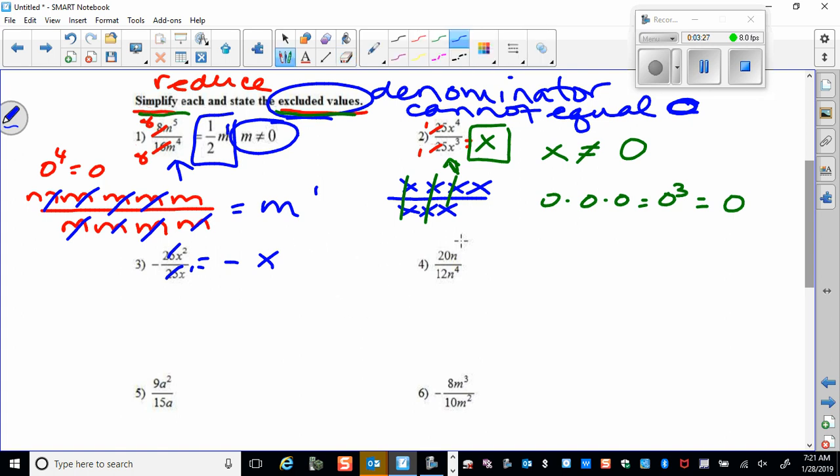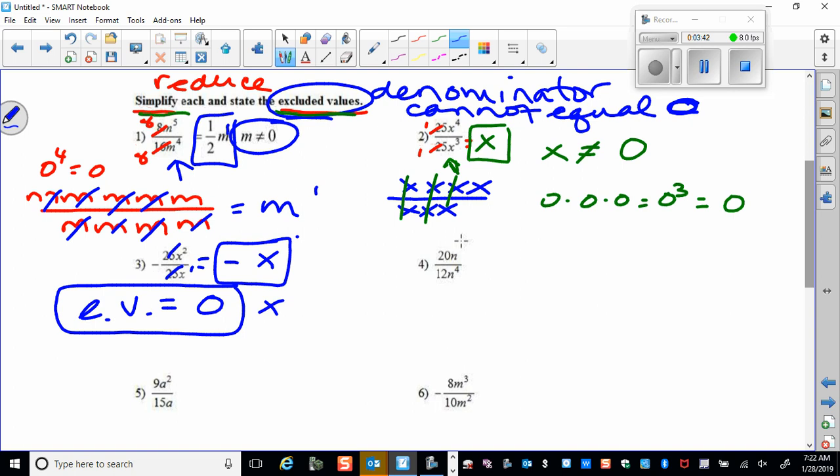That's just x for my answer. All right, and then I have to do my excluded value. All right, my excluded value is 0, right? X cannot equal 0. That means the same thing, okay? If I say x cannot equal 0, that means the excluded value is 0. All right, you cannot divide by 0.